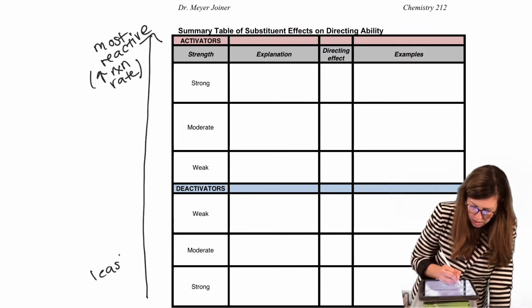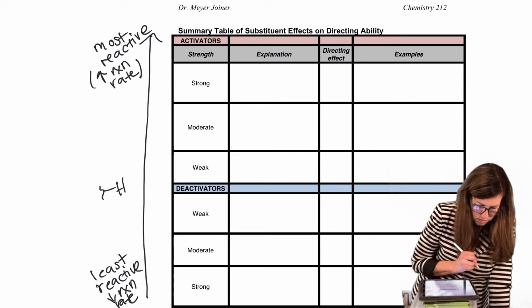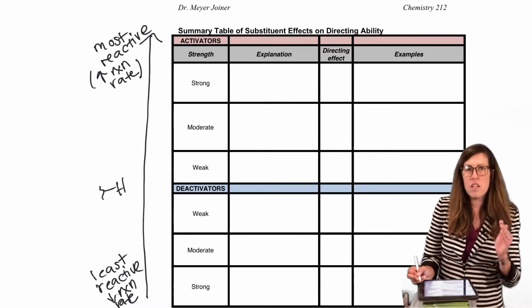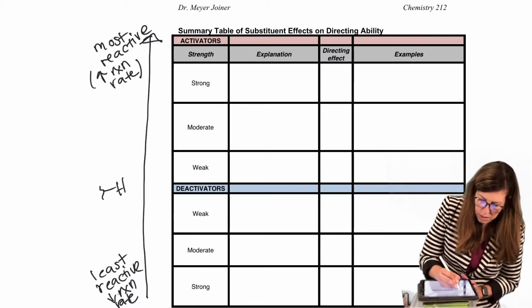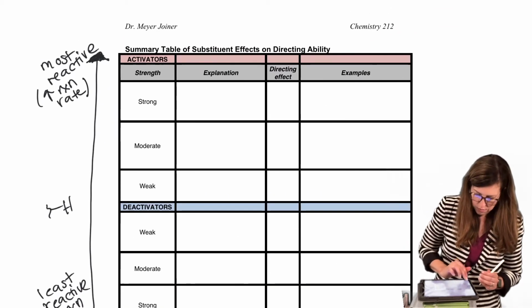This is where we have the least reactive benzene. And then right in the middle here is H. So it's neither activating nor deactivating. Keep that in mind. That's what we're comparing here.